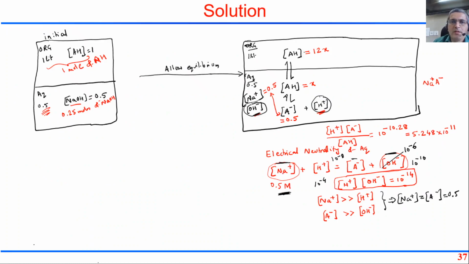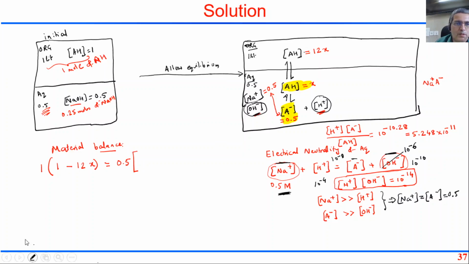Okay. Now material balance can we do? What is lost from the organic phase? 1 liter into 1 minus 12x. That is what is lost from the organic phase. What has appeared in the aqueous phase? 0.5 liters into, it has appeared as AH and A minus.